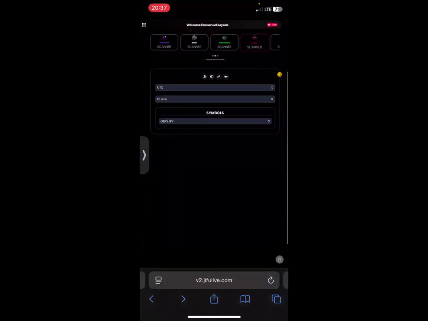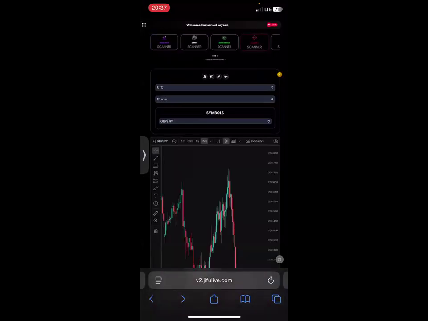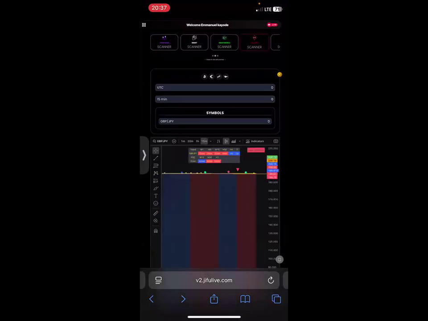Okay, let's check the Q shots. Okay, this is a good volume. So we are waiting for the 15 minutes to give us below before we can actually execute this trade.